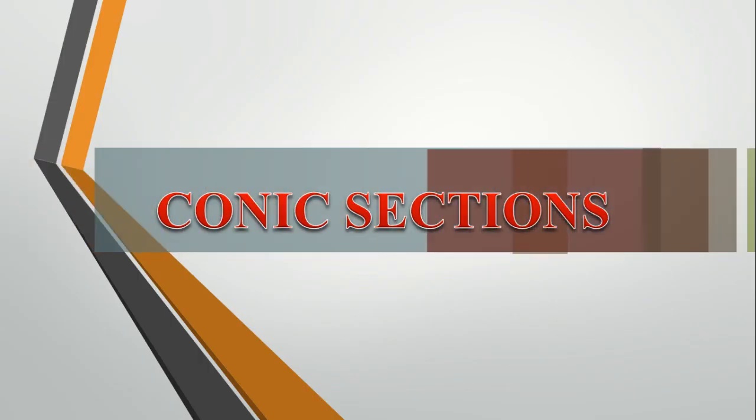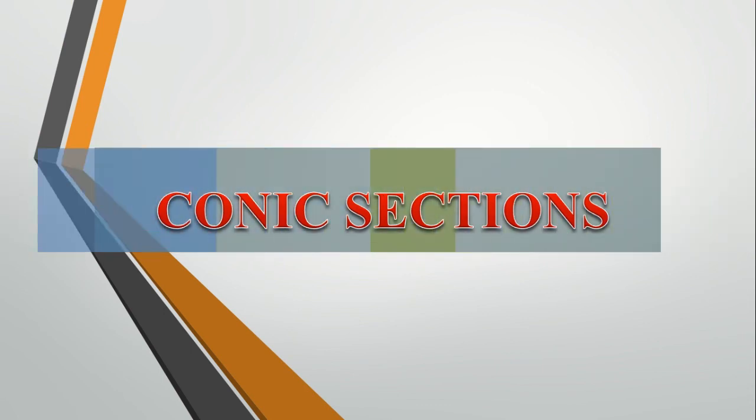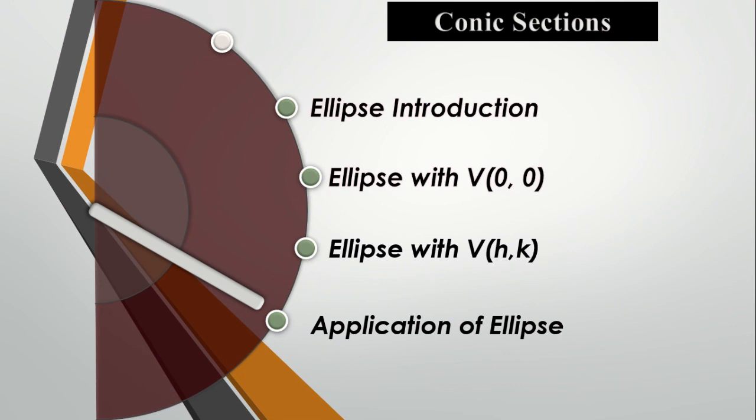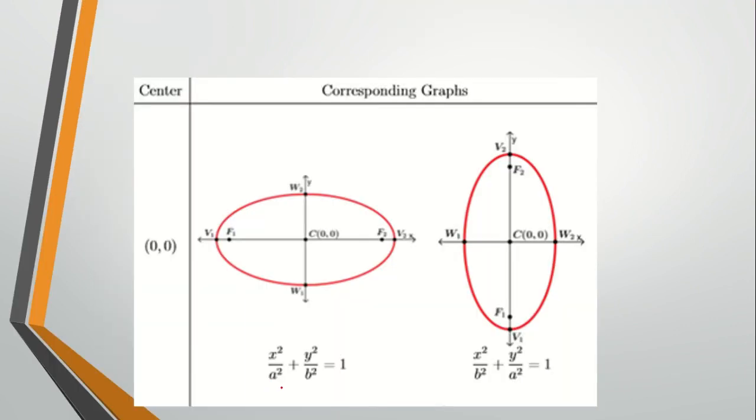Okay, nandito pa rin tayo sa conics at ang ating topic ay ellipse with vertex at 0, 0. A squared is greater than B squared. So, pag yung A squared is on the squared variable x, pahiga yung ellipse natin.